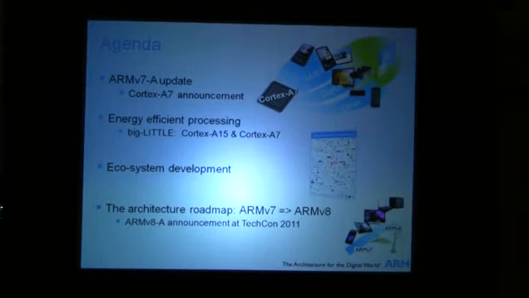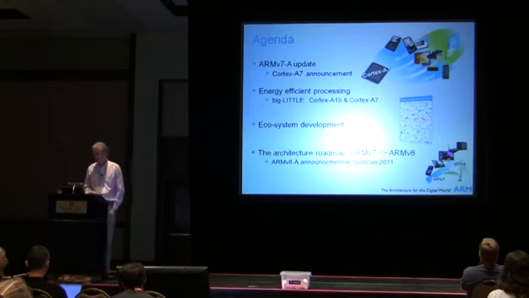So what I'd like to use this 15 minutes to talk to you about, as Steve mentioned, we've actually had quite a lot of announcements in the last couple of weeks. So in the V7 architecture, which is the variant that's pervasive today from ourselves and architecture licensees, we announced the A7, the latest in that line of implementations from ARM.